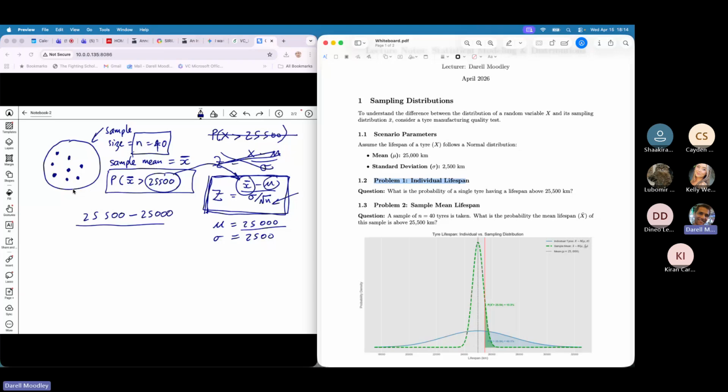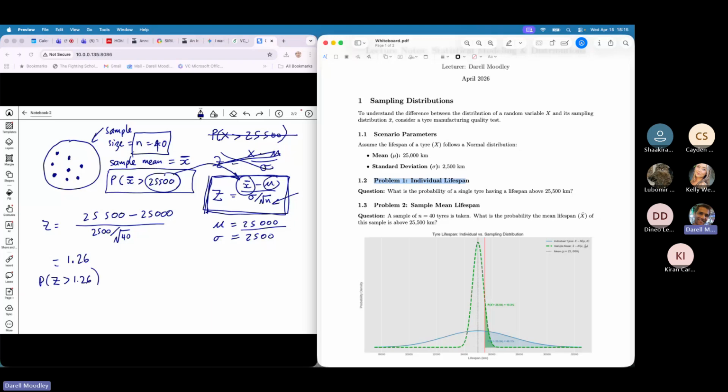It's sigma, which is 2,500 divided by the square root of 40. That's how you get your Z value now. That's the difference. And if you work that out, you get a value of 1.26. So in other words, you need to work out the probability that Z is greater than 1.26 instead.